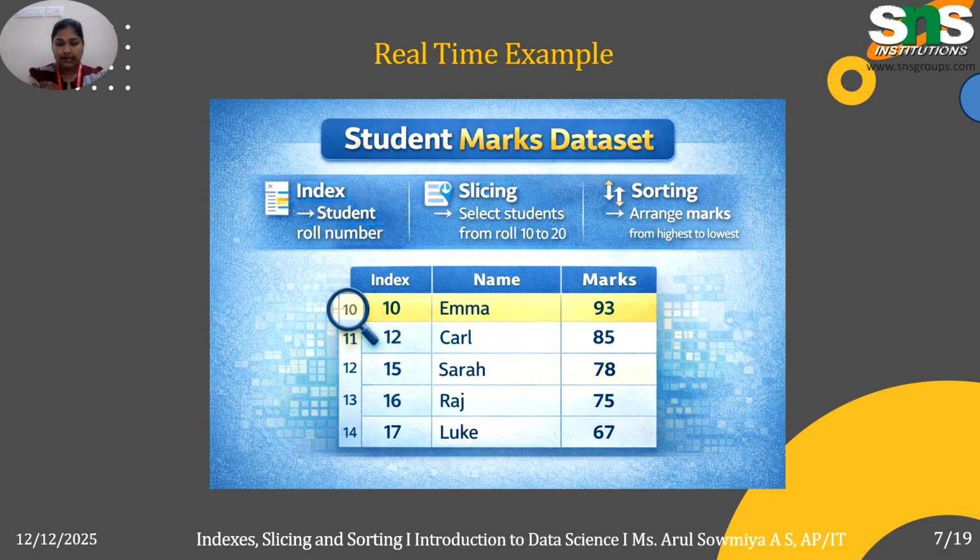This student database has indexes 10, 12, 15, 16 and 17, with the students' names and their marks. Here the indexes consist of the student roll numbers and then we do slicing. With slicing we select the students from roll number 10 to 20, and then sorting means we arrange the marks from highest to lowest.